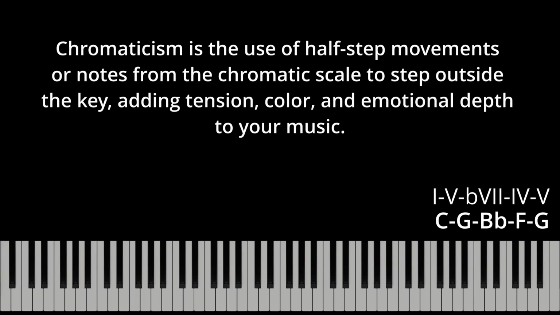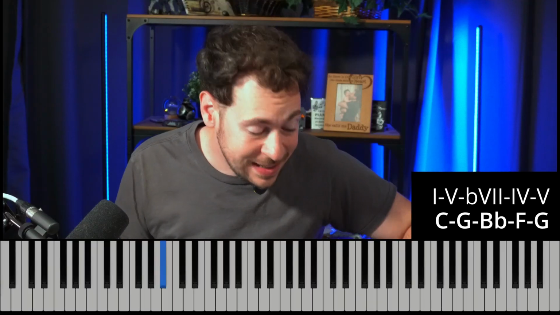And the takeaway from this is really just the beauty and richness that we can get from chromaticism, because primarily what gives this its distinct sound is that it has some chromaticism. We go C, B, B flat, A. So we have 4 notes in a row that are a part of a chromatic scale.